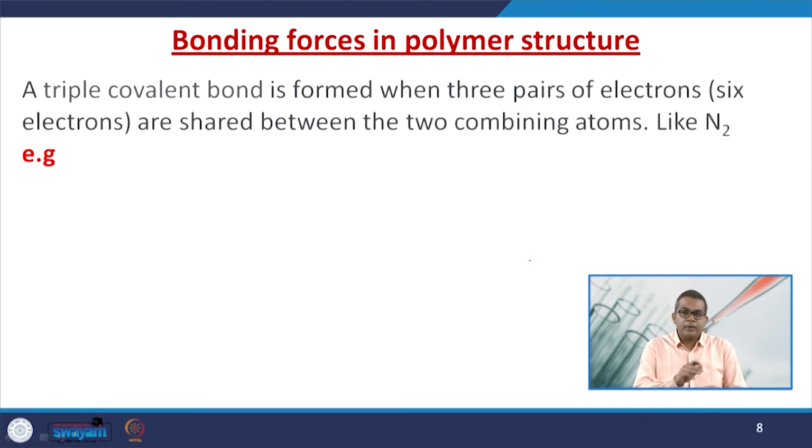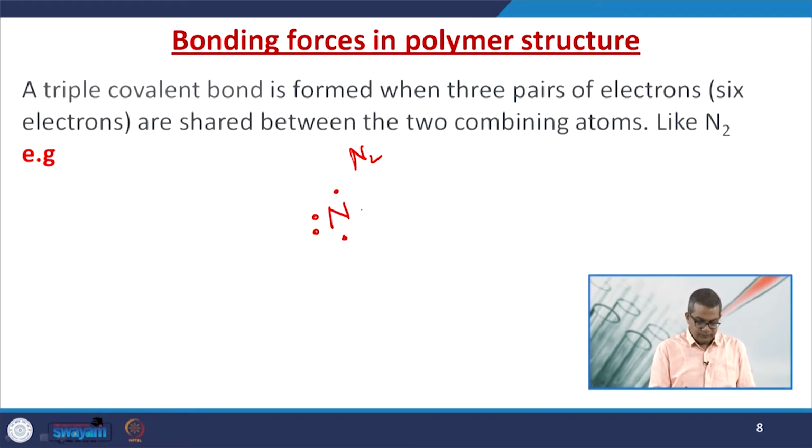Now let's have a look at the triple covalent bond. Usually they are formed when three pairs of electrons, that is 6 electrons in totality, are shared between the two combining atoms. Let's look at the example of nitrogen, N2.